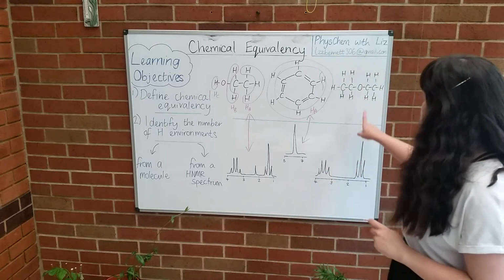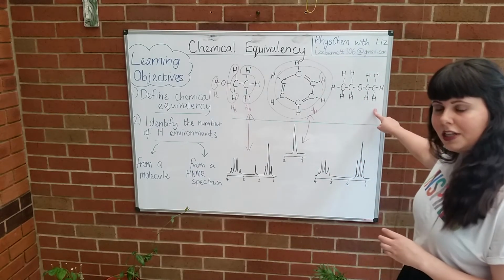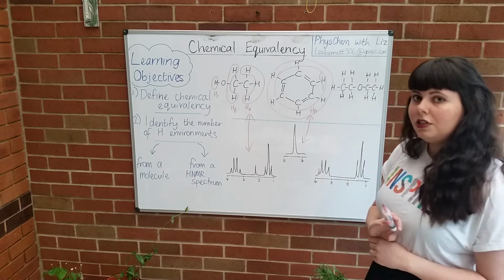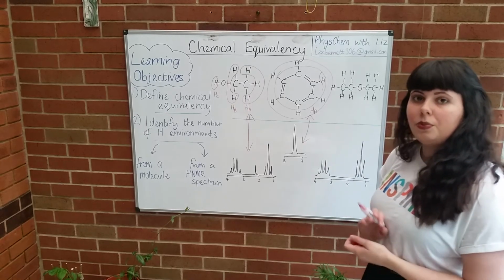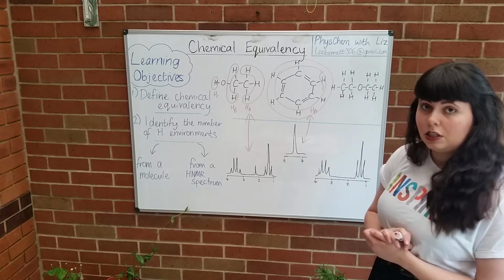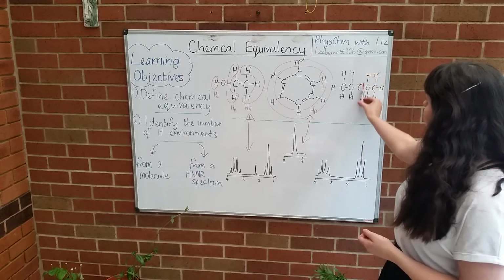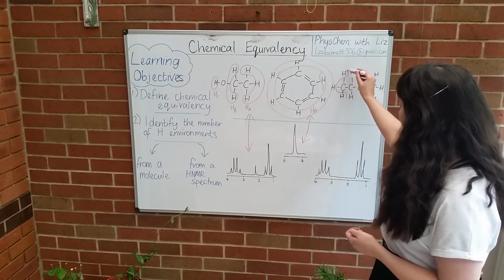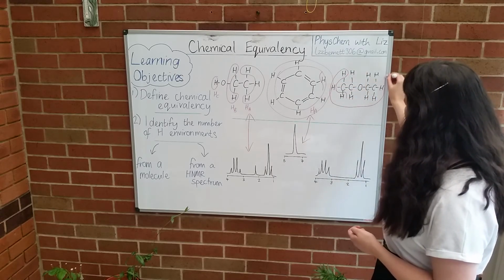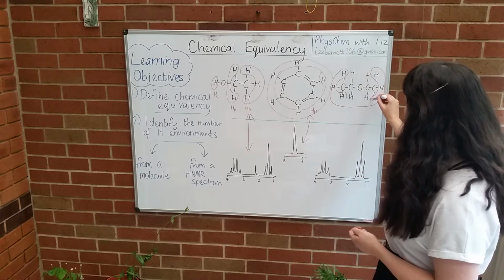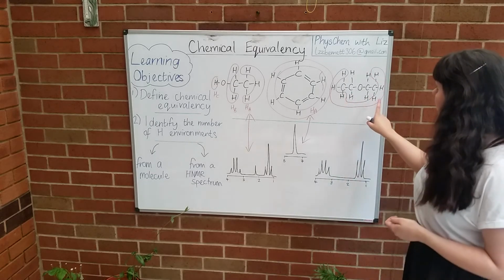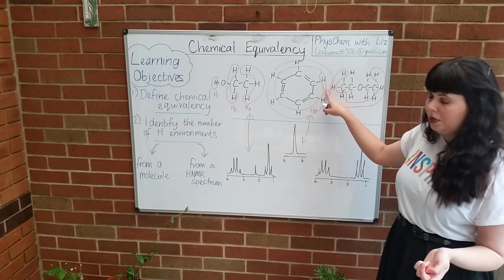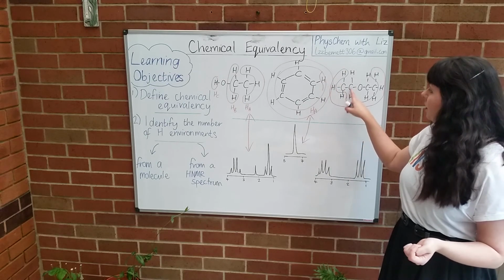So finally over here, we've got a symmetrical molecule. It's called diethyl ether. Now, if you have symmetry, this reduces the number of different proton environments that you have because of that symmetry. So this molecule is symmetrical down the middle where the oxygen is. So these 3 protons here are chemically equivalent to these 3 protons on the end over here. And that is because on one side they have no neighbours, on one side they're next to a CH2.